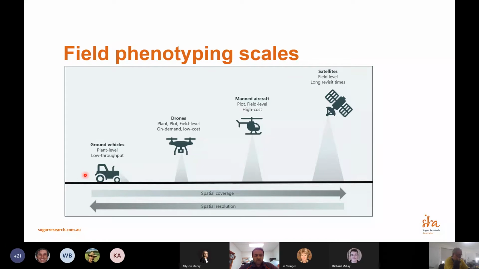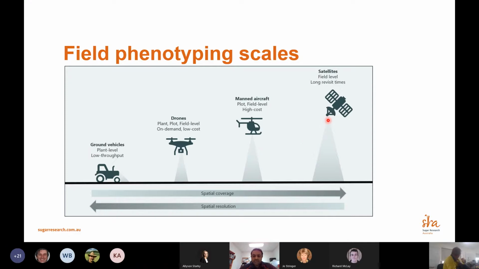But it's quite extensively used in other industries, in other crops such as cereals and rice. So it's quite useful for phenotyping other crops, not just sugarcane. Manned aircraft are quite expensive, and for everyday breeding activities, it's quite unfeasible.